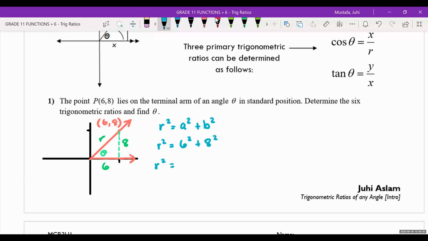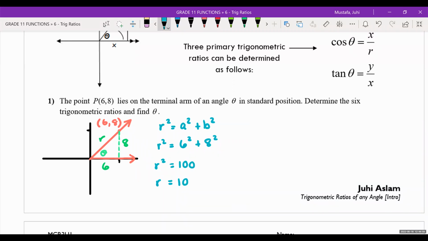R squared is equal to 36 plus 64, which is actually just 100. And R is going to be equal to 10. Now, should I be writing plus or minus 10 or just positive 10? Remember, your R can only be positive. So in this case, you don't need to write plus or minus. R has to be positive.